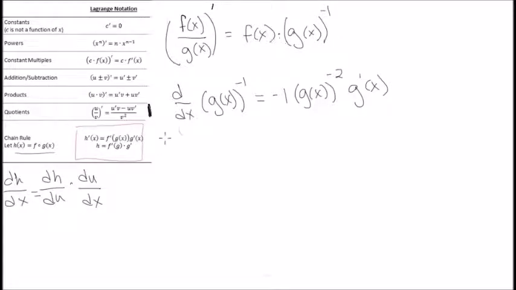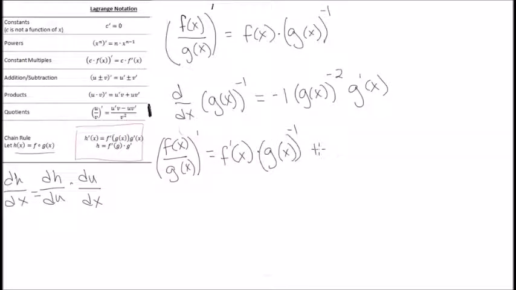What I get is that the derivative of f of x over g of x is equal to the derivative of the top, f prime of x, times the bottom, but here it's g of x to the negative 1, okay, plus f of x unchanged, times, and now the derivative is this entire term right here.